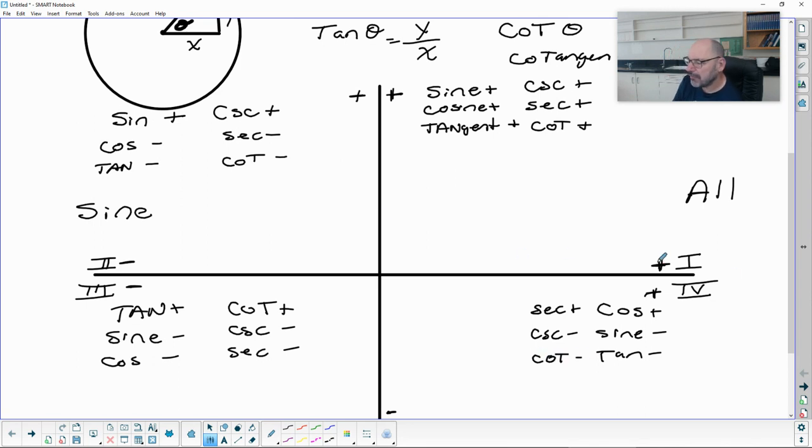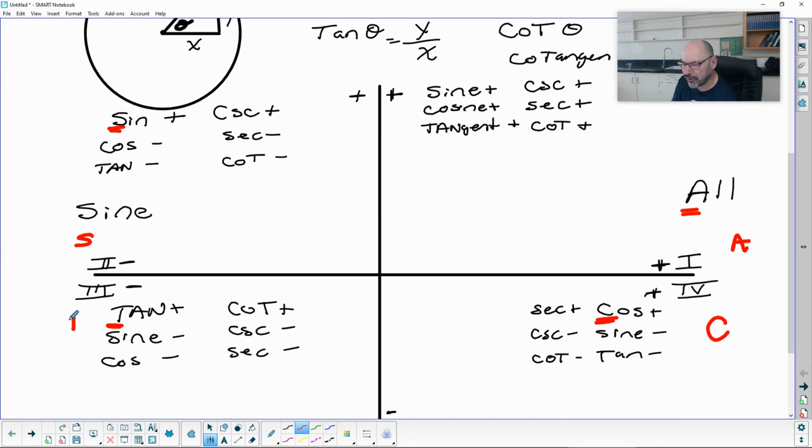Okay, so there's a rule that we usually use here. If we just look at the first letter of the primary ones, all are positive here, so we could spell the word CAST as we go around.